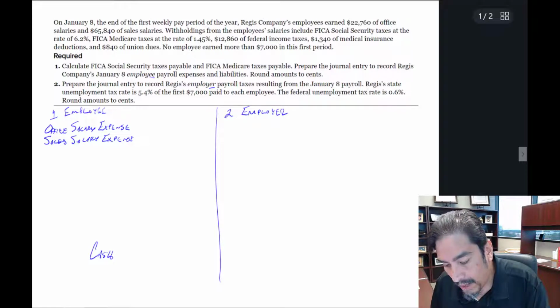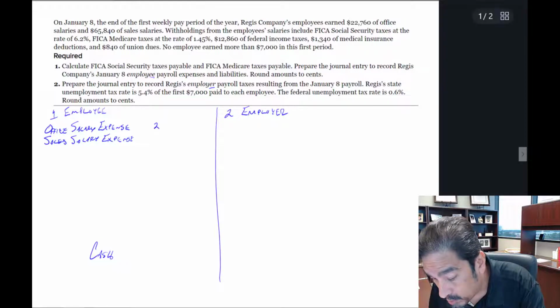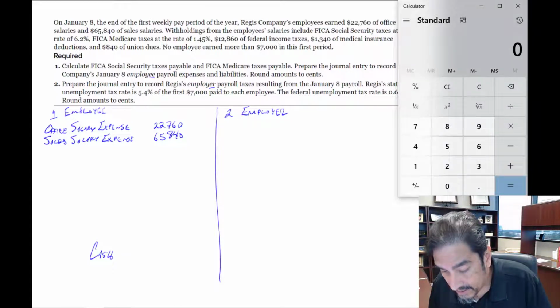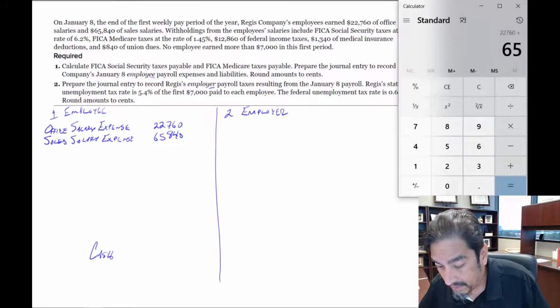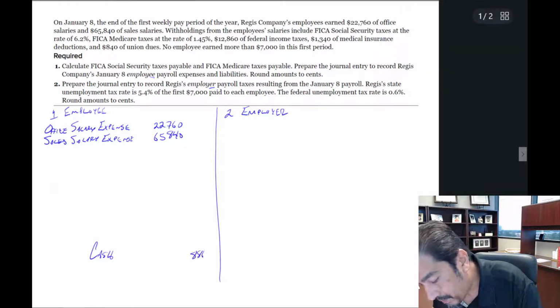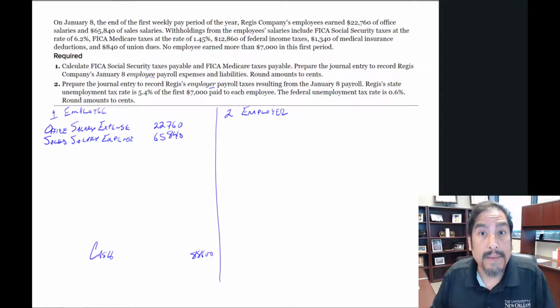Then I would record a credit to cash for the full amount, 22,760 plus 65,840, which is 88,600. So if there were no deductions and I was paying cash on payday and recording this expense on payday, this is what my journal entry would look like, and I'd be done.